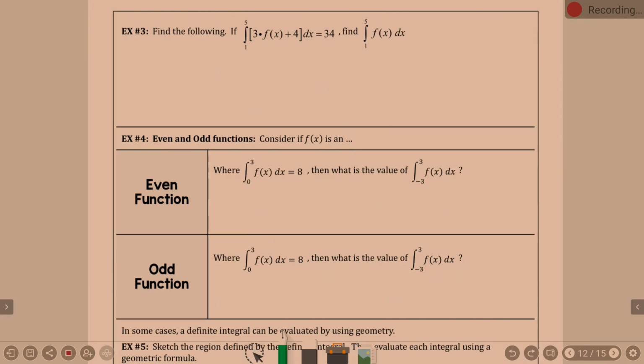Okay, top of the next page. Find the following. If the integral from 1 to 5 of 3 times f of x plus 4 with respect to x equals 34, find the integral from 1 to 5 of f of x dx.